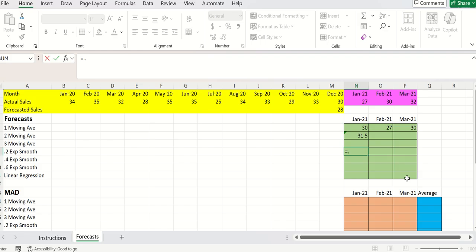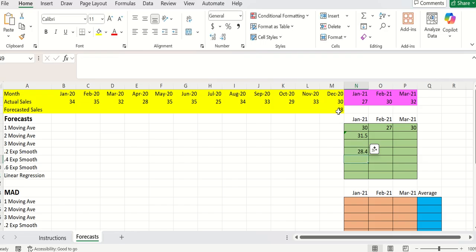So that is going to be equals 0.2, because we have an alpha of 0.2 here, multiplied by the actual data, plus 1 minus alpha, so 1 minus 0.2 is 0.8, times what the forecast was. All right? So my forecast now comes up for 28.4.